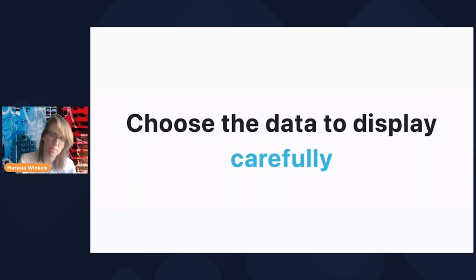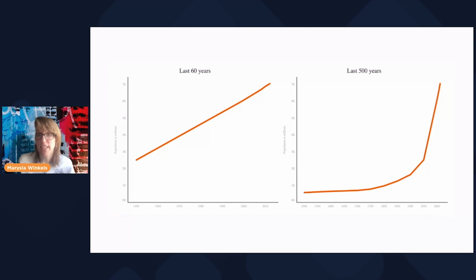Second of all, something to keep in mind is choose the data to display carefully. So we saw that here with the population growth example, where the ranges that were chosen to display had a huge impact on the story. And although it might seem obvious, the limits and ranges can drastically change the story as well.